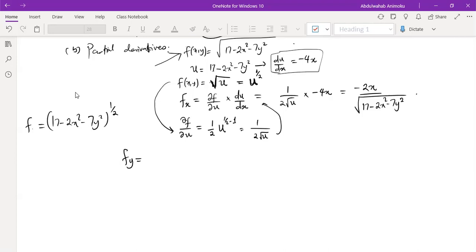So first of all, take the derivative of the outside function, which is 1 over 2, then the function raised to power 1 over 2 minus 1, then multiply that by the derivative of the inside with respect to y.